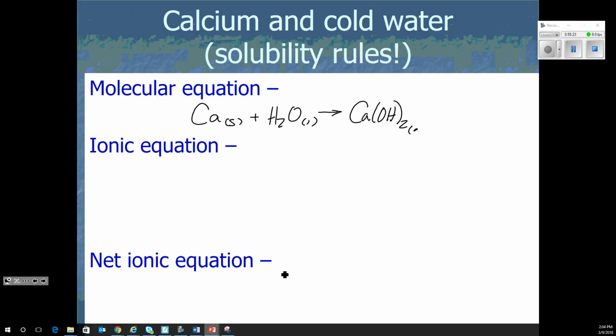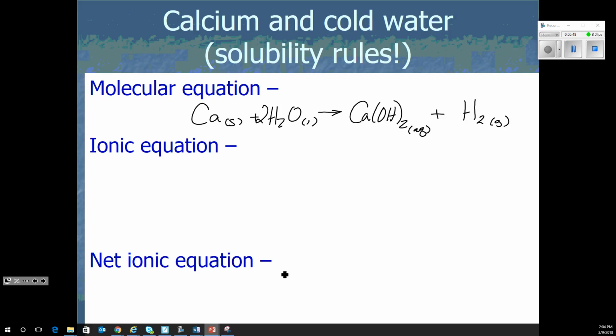Because it's a strong base, it's aqueous. Plus, what else do I get left over? H. And H is part of Brinclhofs, the diatomics. So we get H2, and that's a gas. Is it balanced? It's not. We need to put a 2 right here, and then it will be balanced.